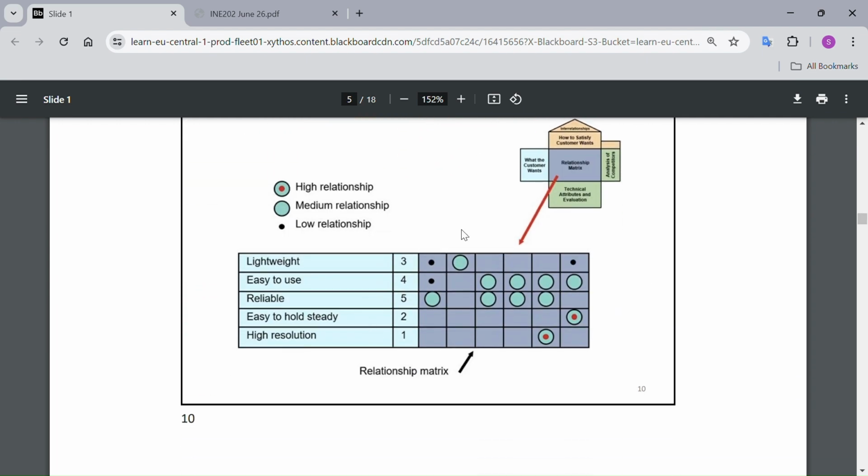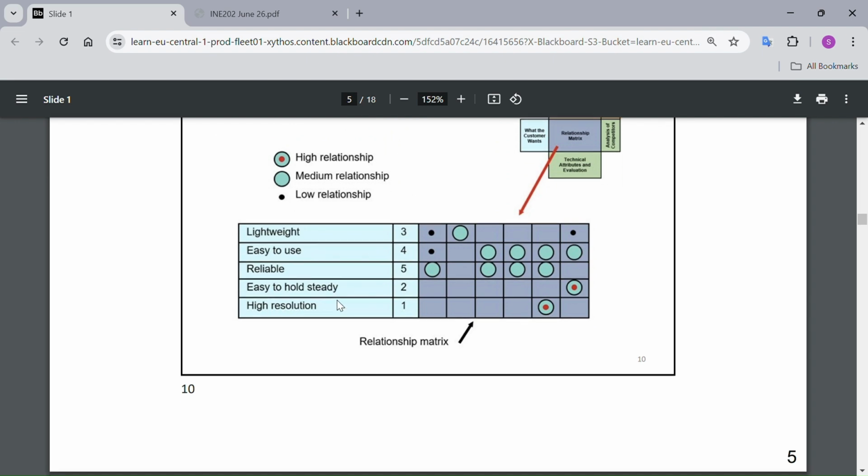For example, here a circle with a red dot means a high relationship, a red circle only is the medium, and a black dot is a low relationship.